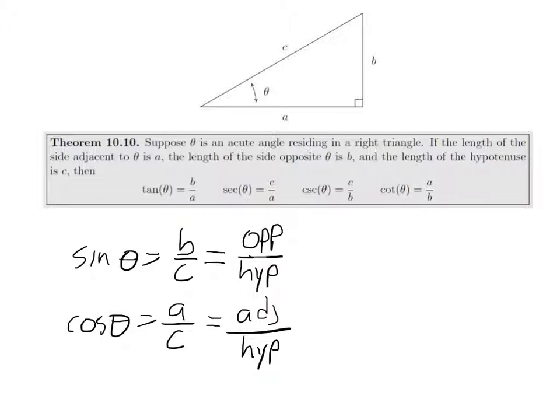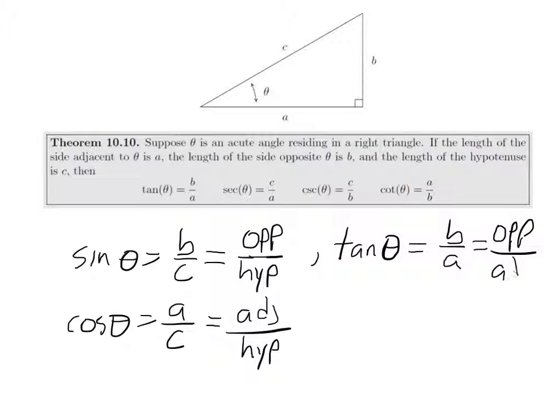So I better get it right. Tangent theta, there we go, equals B over A. And from the perspective of theta, B is opposite and A is adjacent. So this would be opposite over adjacent. So these are the big three: sine, cosine, tangent. The same big three that I used when I did the all students take calculus.